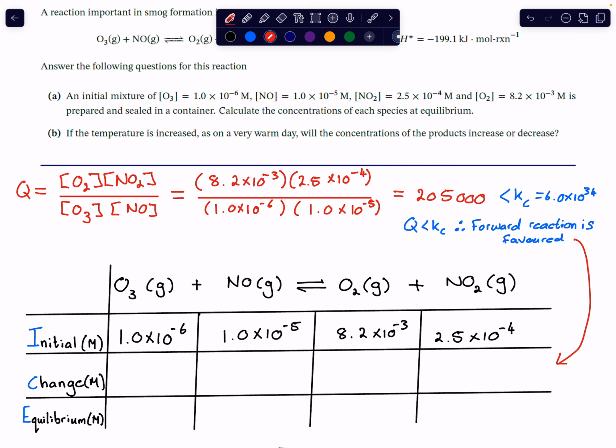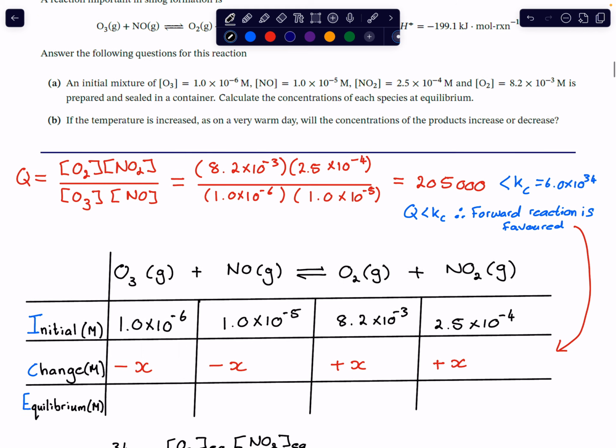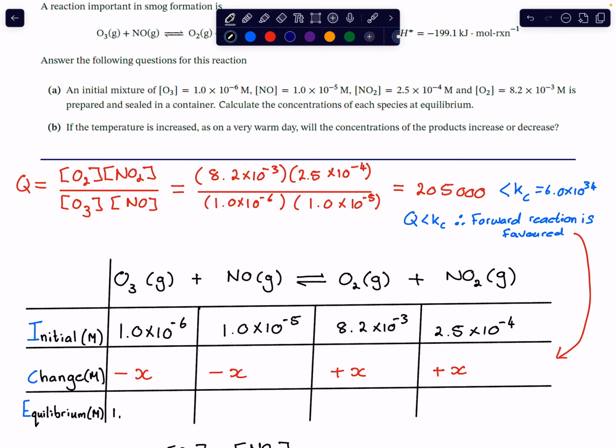That means our reactant concentrations must decrease and our product concentrations must increase, stoichiometrically by x amount. The reaction is 1 to 1 to 1, so everything must decrease or increase by an x amount.